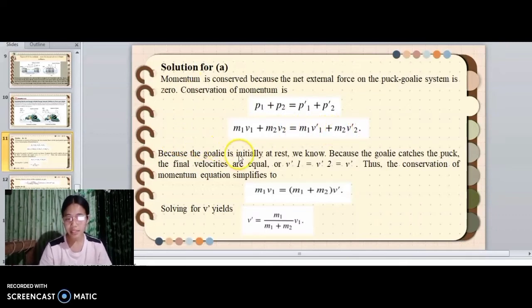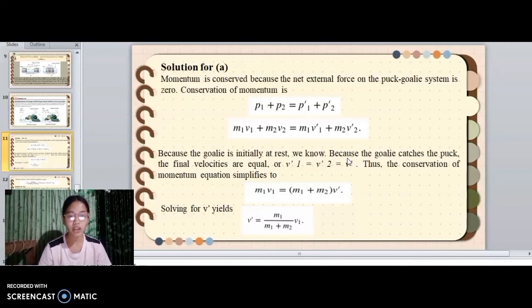Because the goalie is initially at rest, and because the goalie catches the puck, the final velocities are equal, or v prime 1 equals v prime 2 equals v prime. So there would be no distinction if it is 1 or 2. We're just going to have v prime.